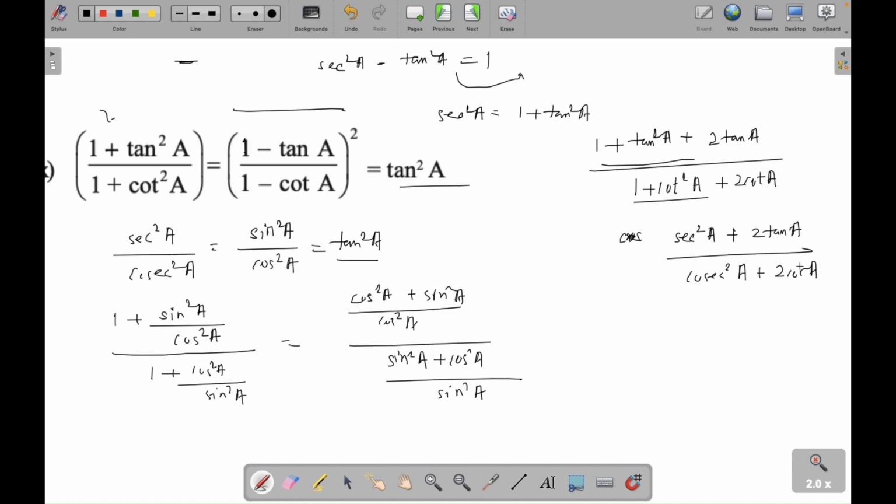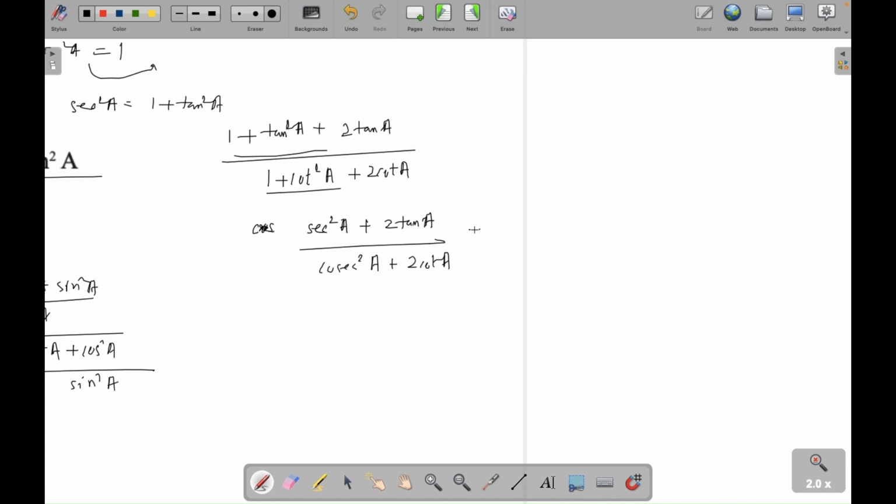Right, so now we can write this as 1 upon cos square A, right?